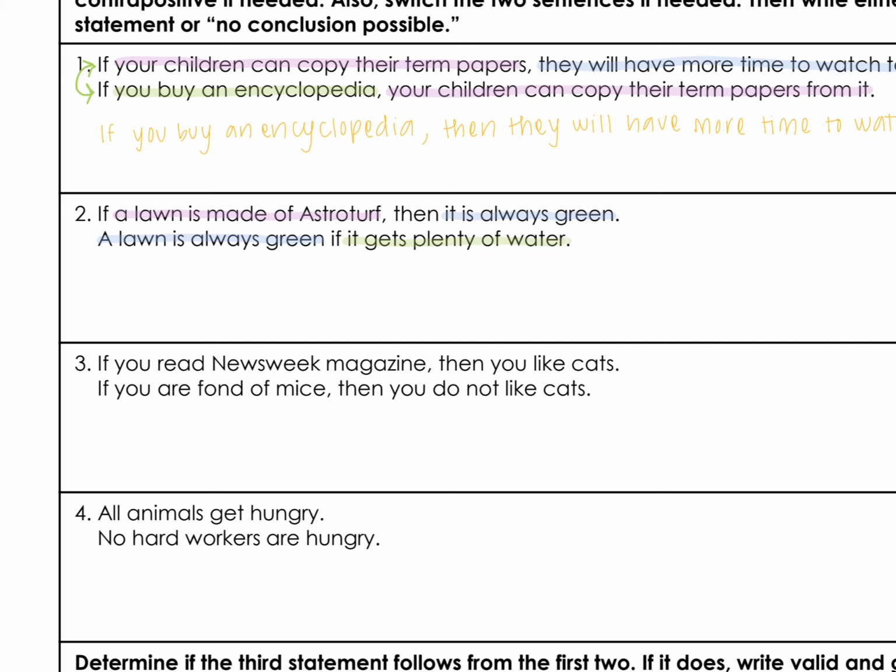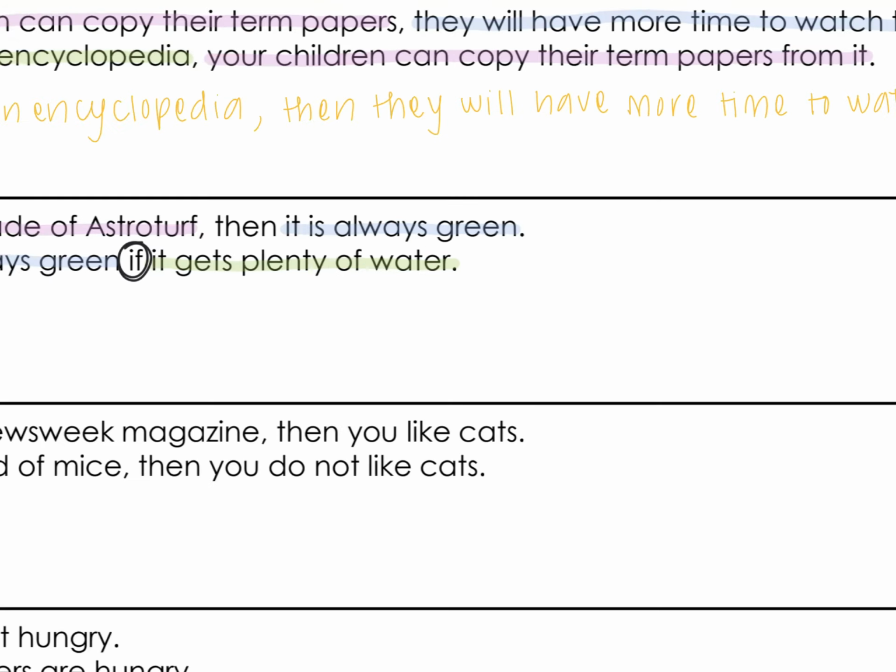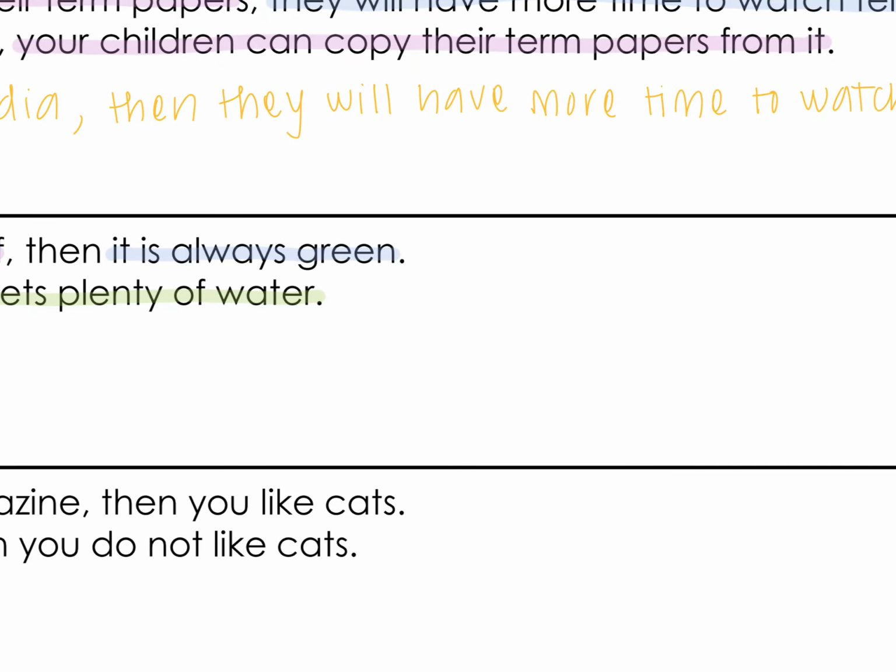So something I just want to remind you of, because this one can be a little tricky, is that we have that keyword if right here. So really this sentence is saying, if it gets plenty of water, then a lawn is always green. Let me just kind of write out those keywords just because this one, it might be easier for y'all to see.